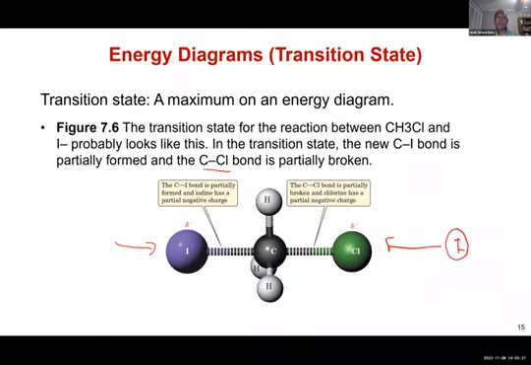Okay, so this is the activated complex. The C-Cl bond is partially broken in the transition state. The carbon-iodine bond is partially formed. When it goes to products, the chloride separates out and iodomethane is formed.